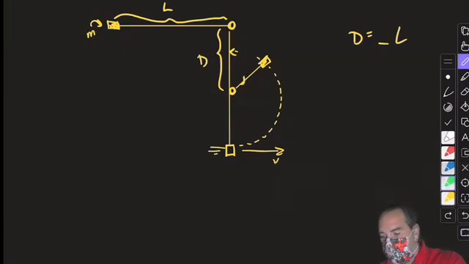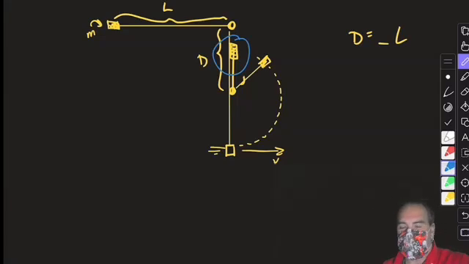And then when the system makes it back to, say, this point, depending on what you have chosen for your lowest point or your reference level, you either say that it has just kinetic energy here, or you say it's got kinetic and potential. So it doesn't matter which way you do it, you're going to get the same answer. But this just tells us how fast it's going. That's all that conservation of energy can tell us anyways.